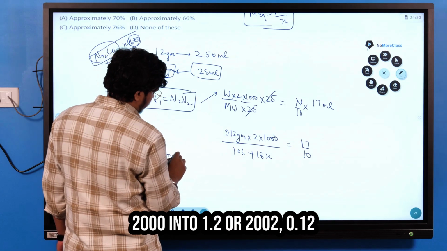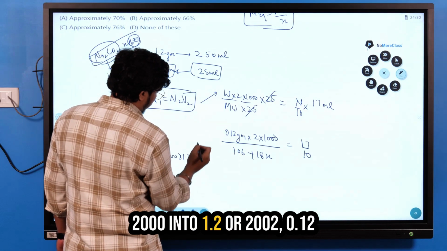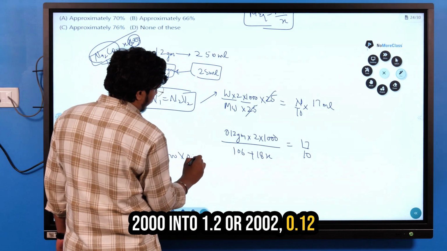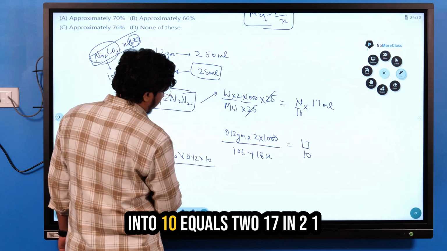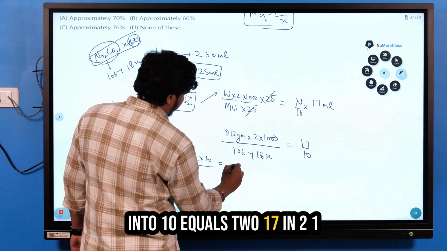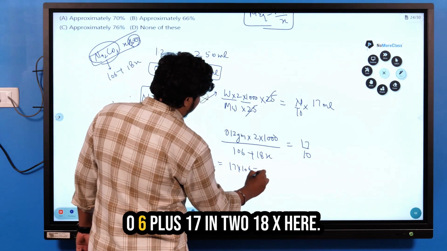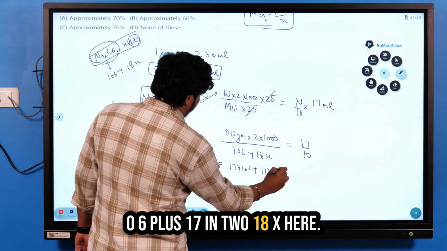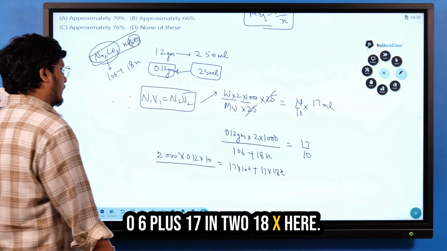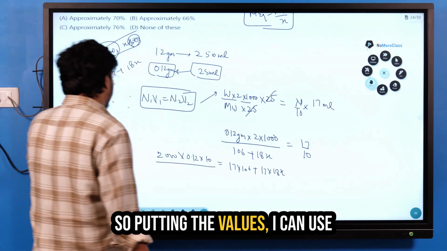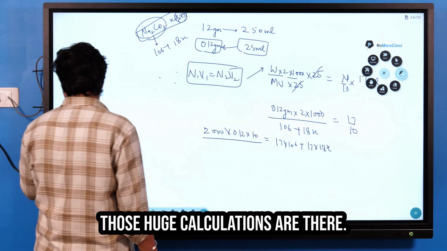So it will be 2000 into 0.12 into 10 equals 17 into 106 plus 17 into 18X. Yes. Putting the values, I can use the calculator for now because these are huge calculations.